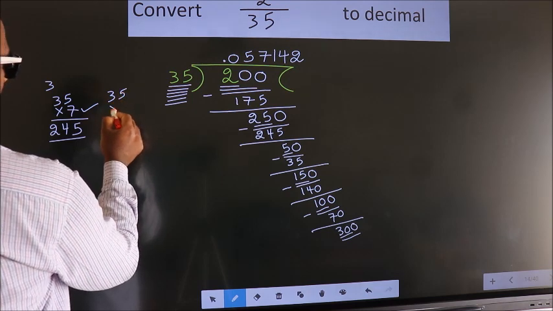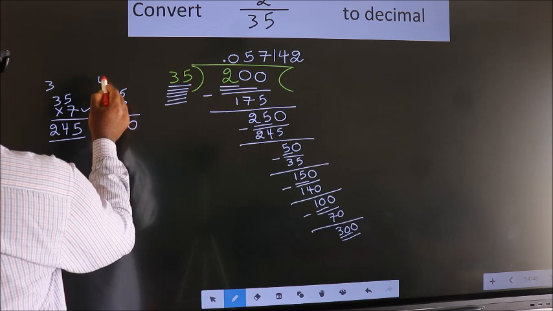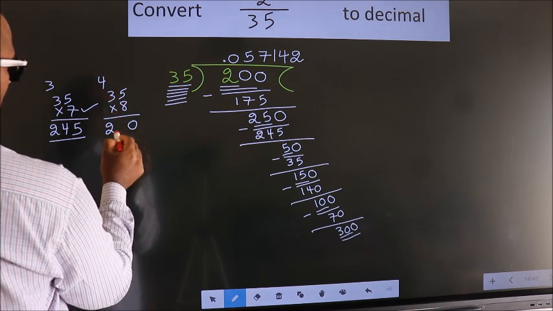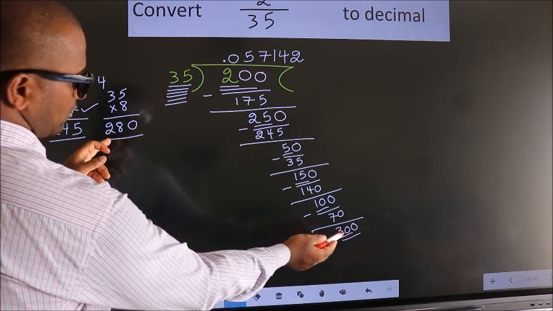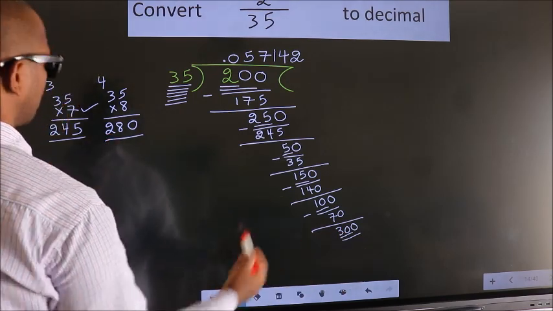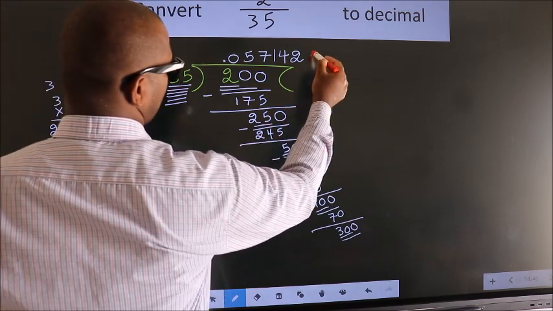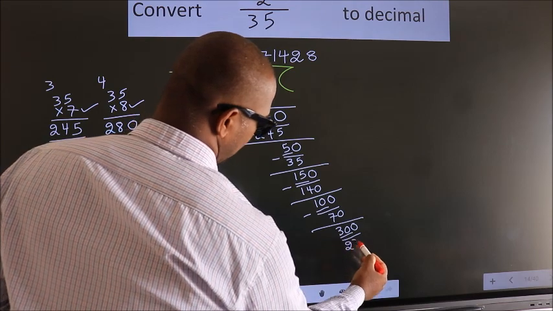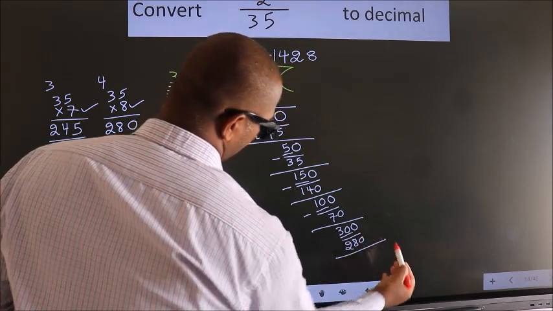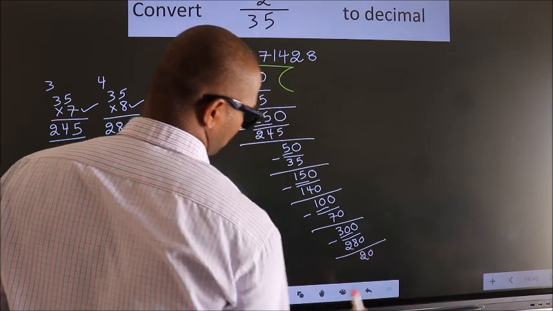So 35 8 times, 8 5s 40, 0 4, 8 3s 24 plus 4, 28. So 280 close to 300, so we should go with 8. So 35 8 times, 280. Now we subtract, we get 20.